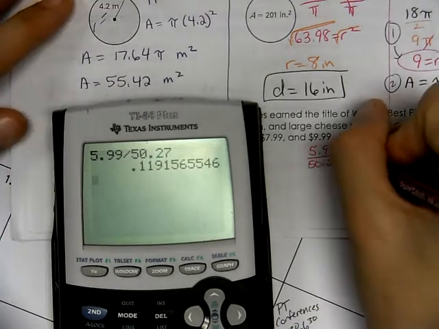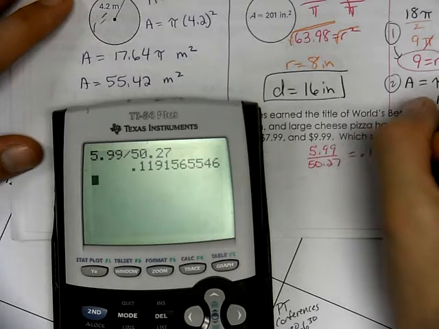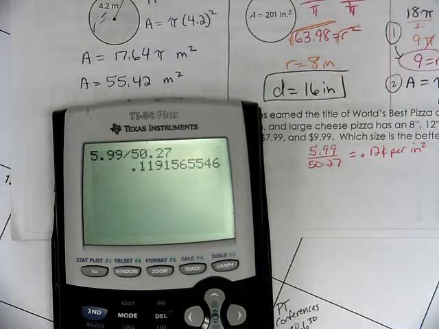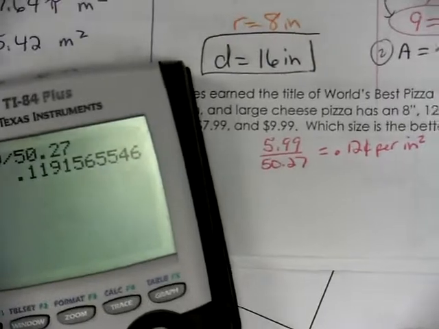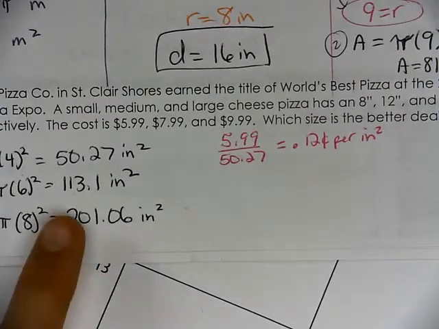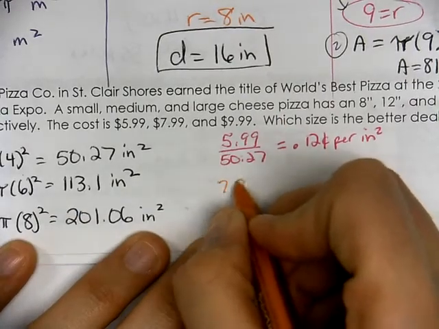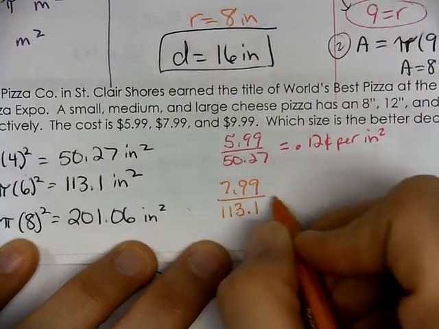So a small pizza, you pay about 12 cents per square inch. For the medium, I'm going to take $7.99 divided by 113.1.